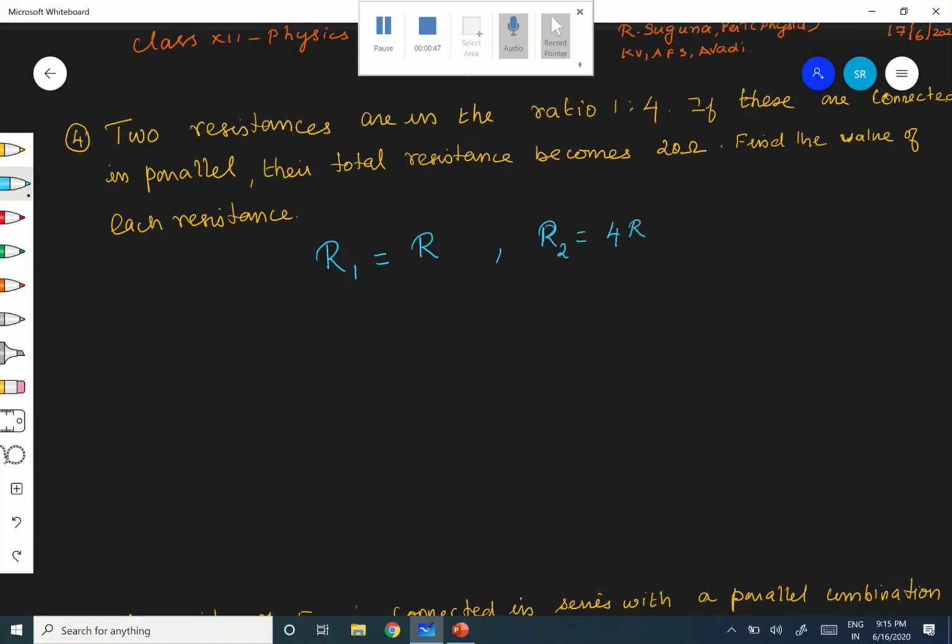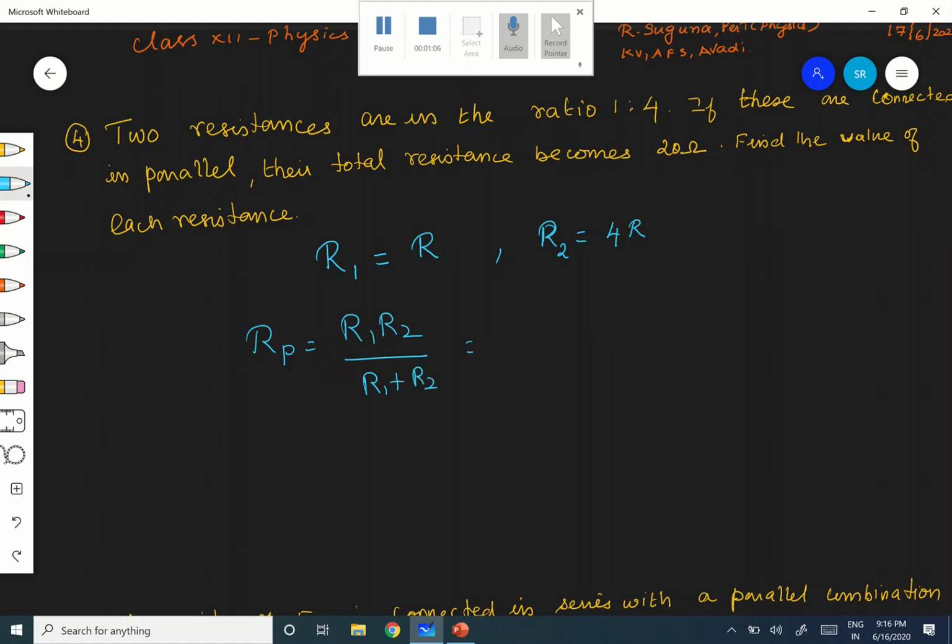Correct? Now both are connected in parallel, and their total resistance becomes 20 ohm. Therefore, RP is equal to R1 R2 divided by R1 plus R2. Correct?